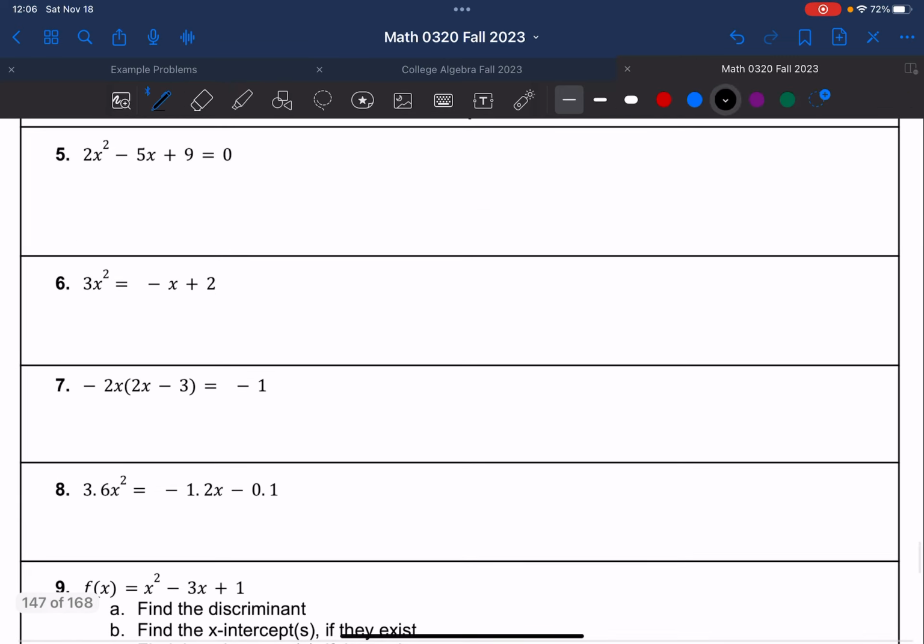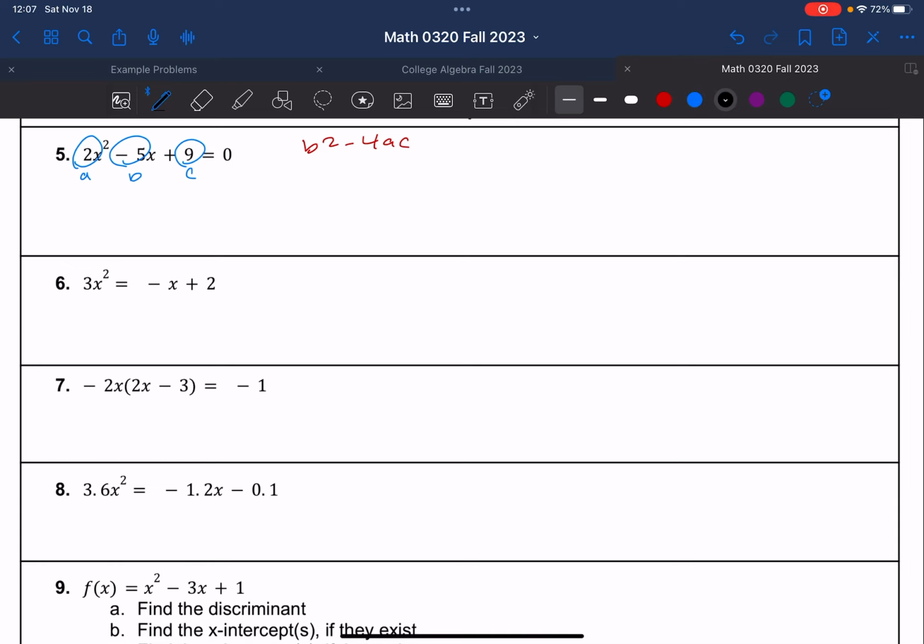Okay. So again, we're only finding the discriminant. And remember, the discriminant is just that b squared minus 4ac. So first, we're checking to make sure this is in standard form. And if it's in standard form, we're labeling our a, b, and c.